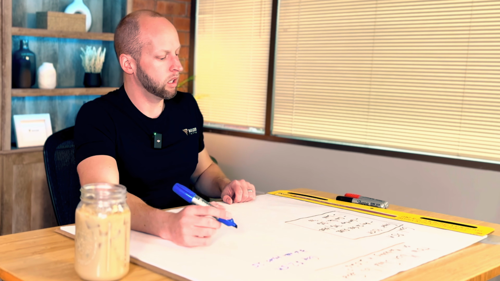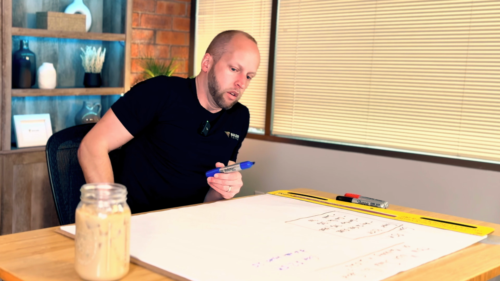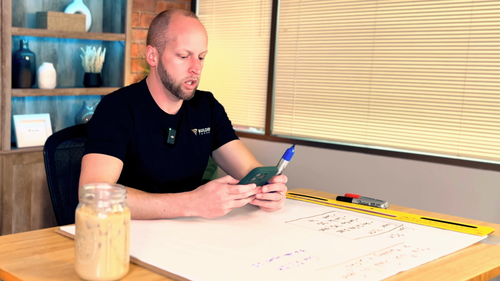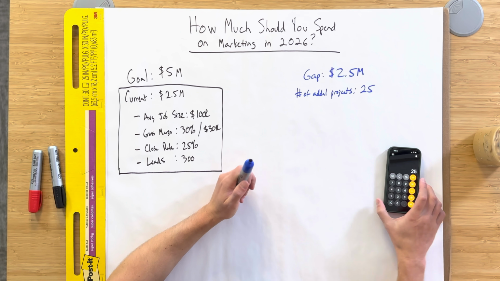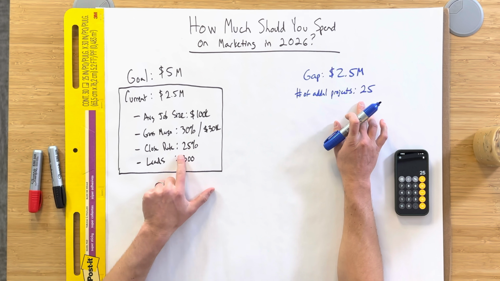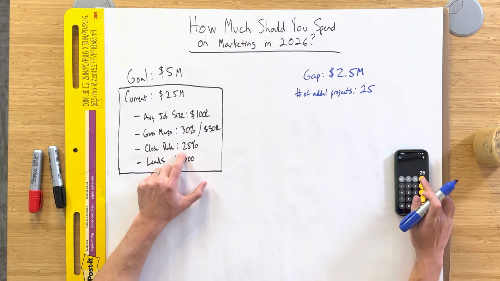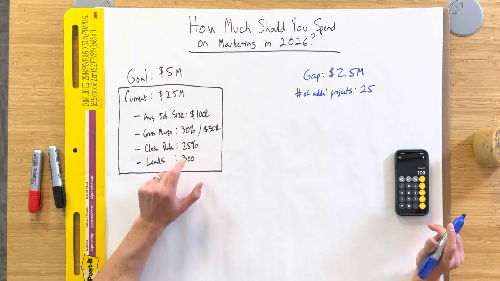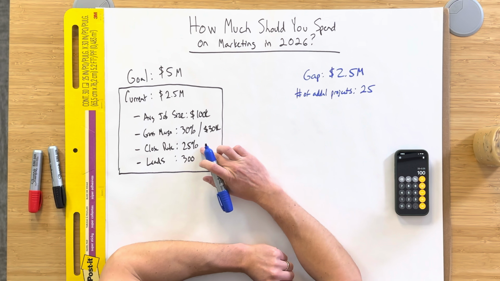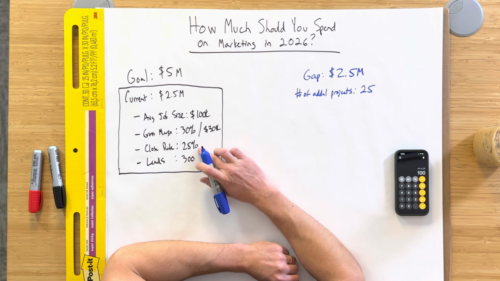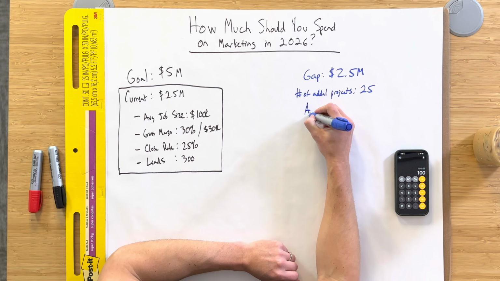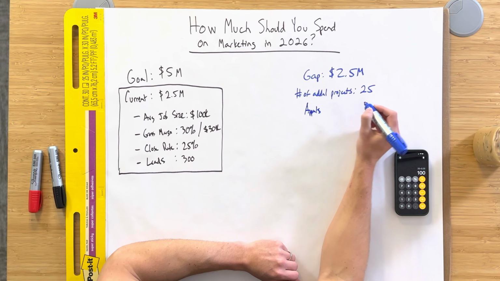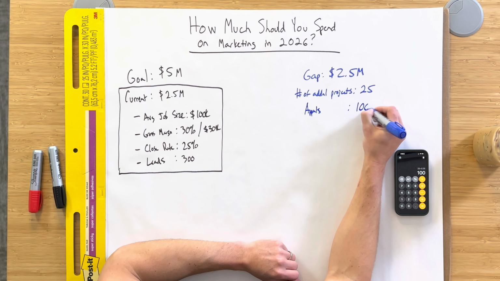If we need 25 additional projects, let's get out our calculator, we're going to take our 25 and divide it by our closing percentage. That means we need 100 appointments, because this close rate is based on appointments. So appointments needed, we need 100 of those.